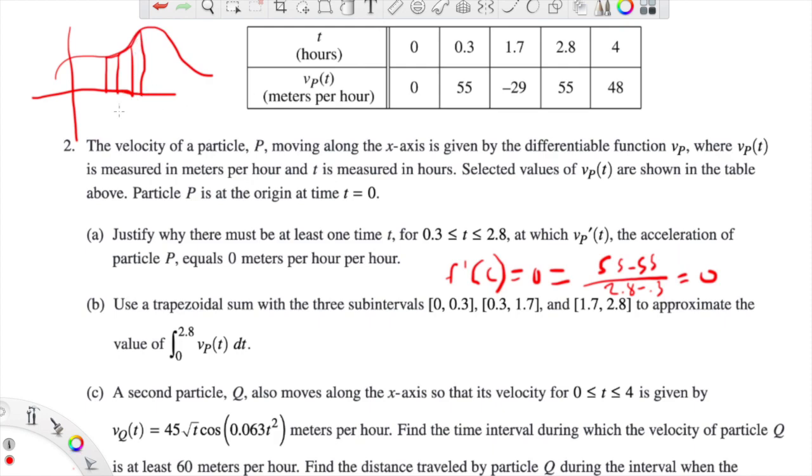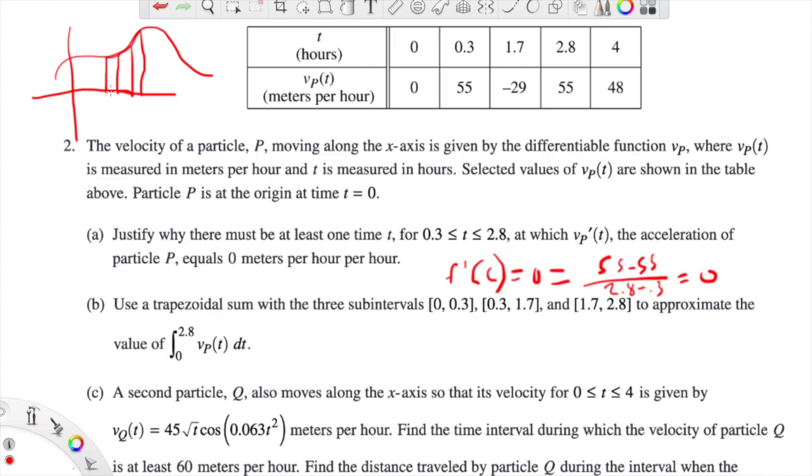So as far as we're concerned, we're going to have 2 heights, and that's going to correspond to the v(t) of each interval. Those are going to be your 2 bases in the trapezoidal formula, which is base 1 plus base 2 over 2 times height.